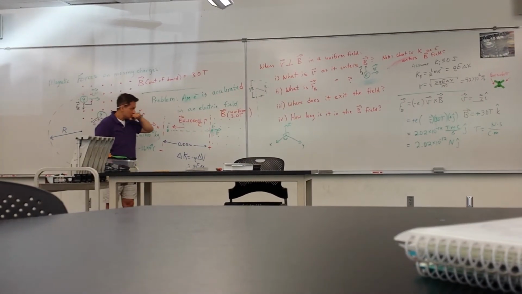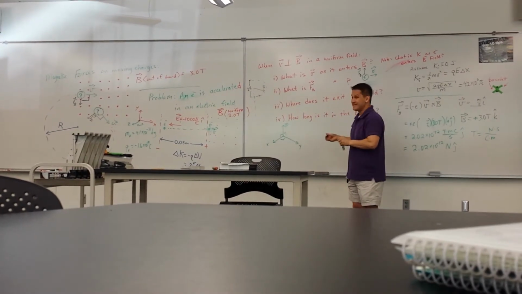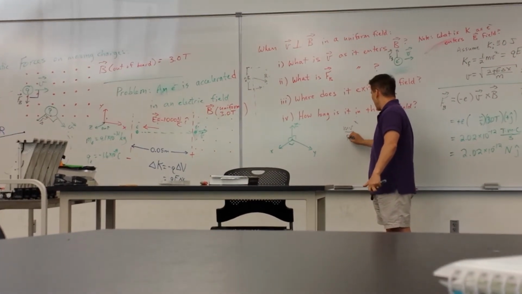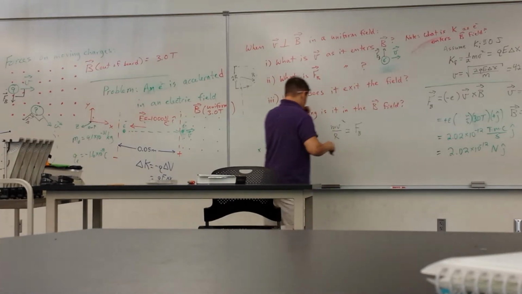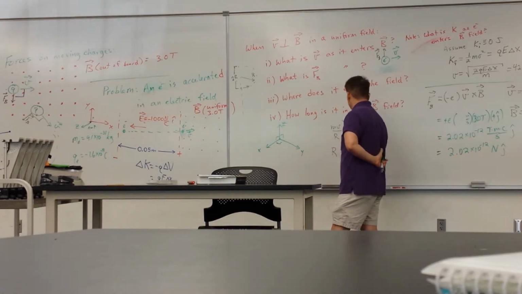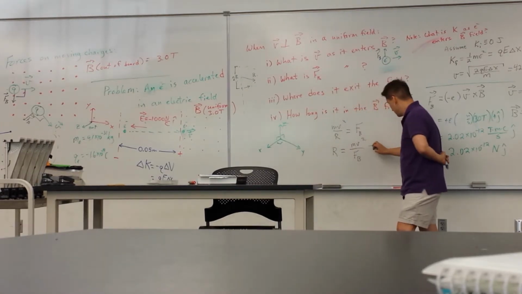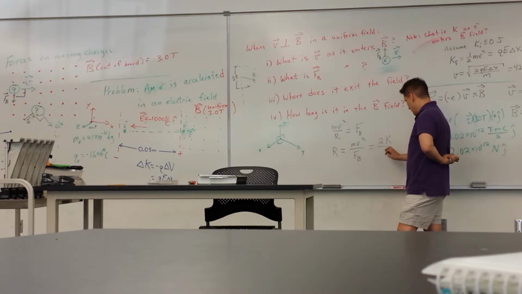It makes a half circle. Now, there's a lot of different ways to calculate this. The easiest way is just to say mv squared over r is equal to FB. So r should go as mv squared over FB, which should go as 2 times the kinetic energy over FB.